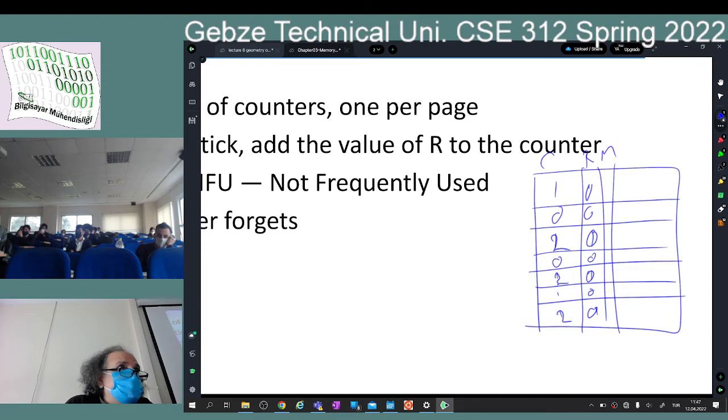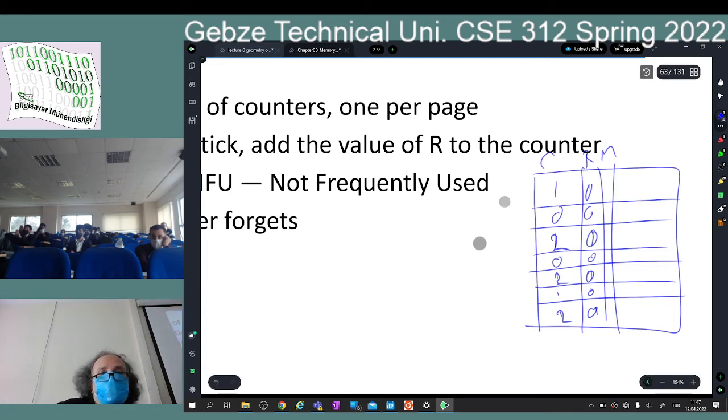It doesn't tell you how recently you have accessed it. Maybe at the beginning you accessed this page a number of times, but recently you are not using it at all.